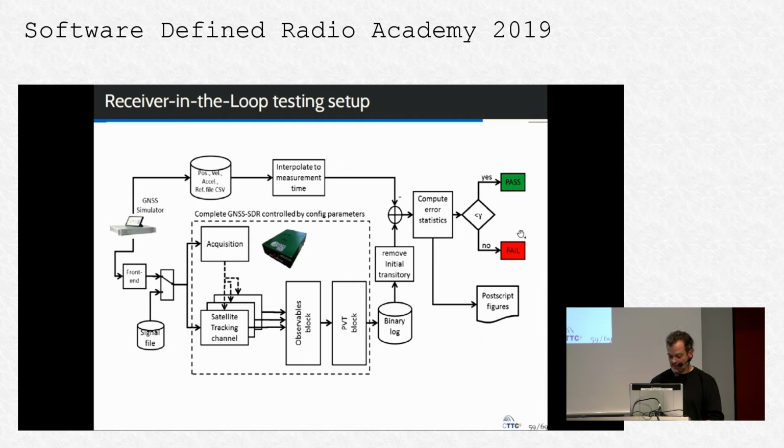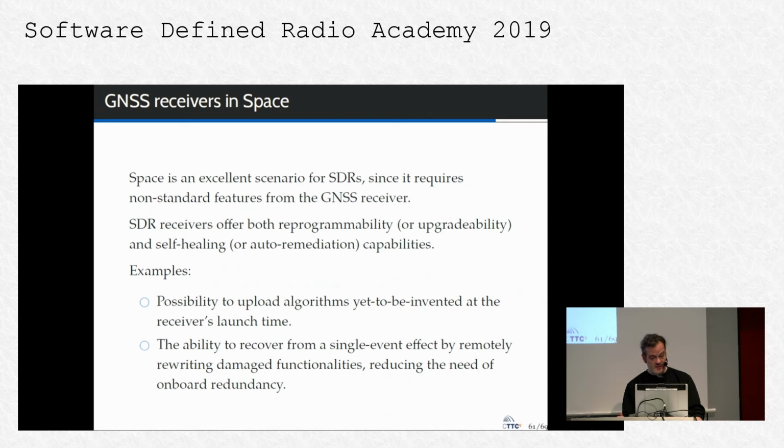So the third case we are exploring is to put this software in space and see if it can work with higher dynamics. Space is really an excellent scenario for SDRs, because it requires features of the GNSS receiver that are not standard, and probably they are not in commercial integrated circuits.